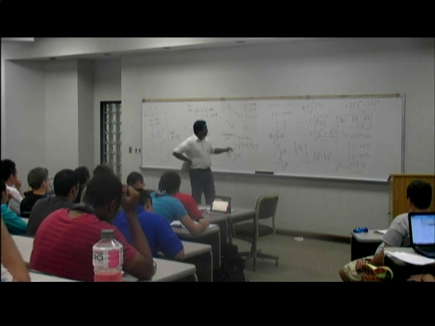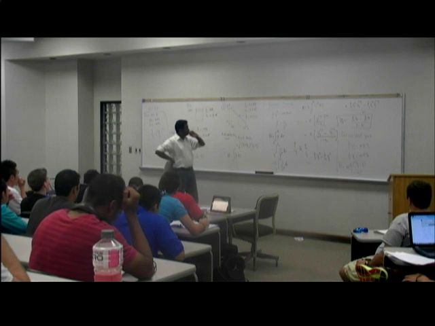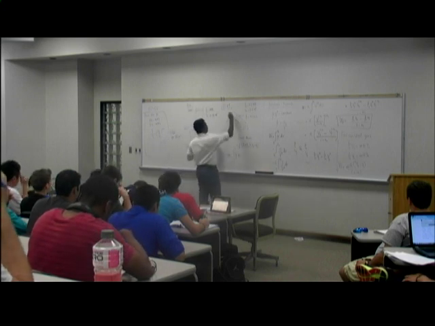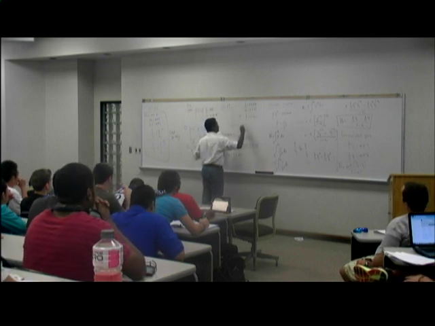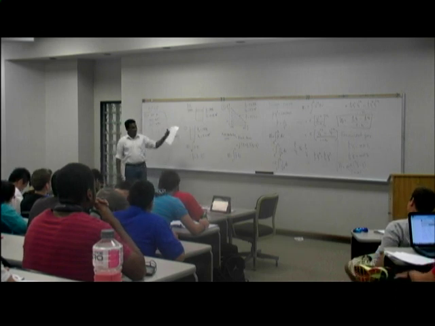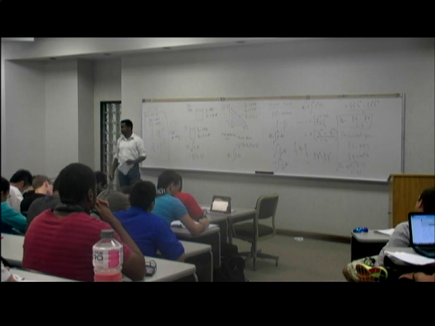If you're finding the area, wouldn't it be P1 minus 0.2? No, you have to find the area under the curve, the whole thing. Oh, the whole thing. The shaded area is the area. Make sense to everybody?